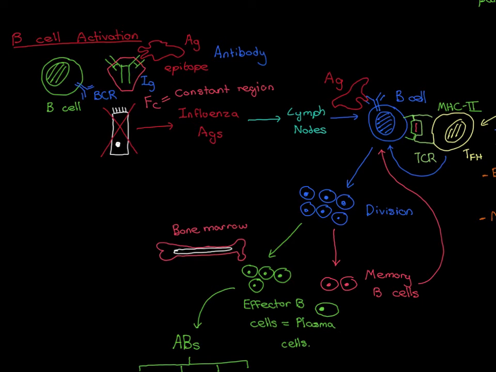So they all have the same antigen binding site, but they would have different Fc regions, and that means that what the antibody molecules can actually do once they've bound to their antigen is different. The effector function of the antibody molecule is different. However, the antigen binding site, the antigen specificity, is exactly the same. So I hope I have nailed down that point.